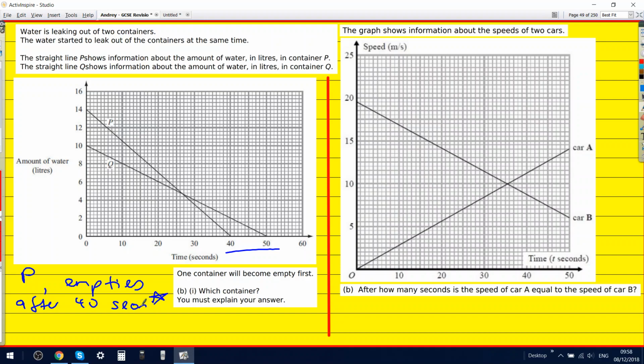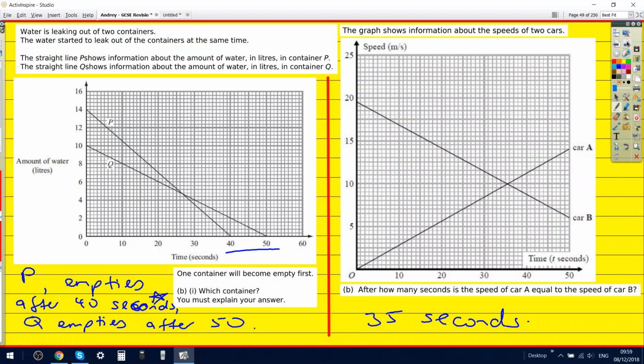Q takes 50. And the one on the right. After 35 seconds.